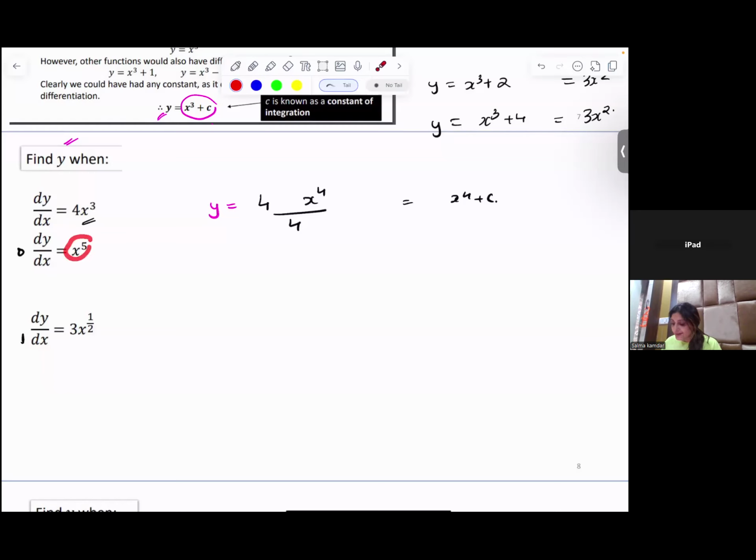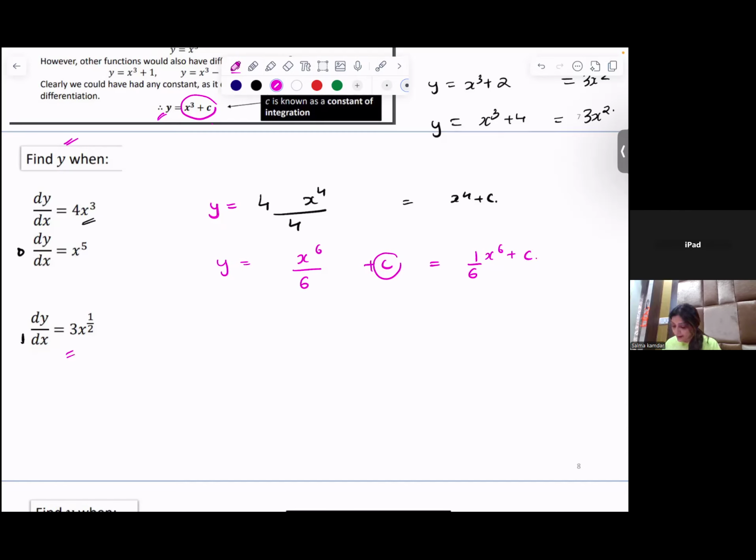I have the gradient as x^5. I want to find the function. So my y would be: add 1 to the power, divide by the new power, plus the c. Do not forget to add this. So it would be 1 by 6 x^6 plus c.